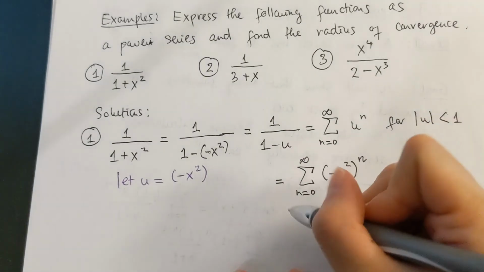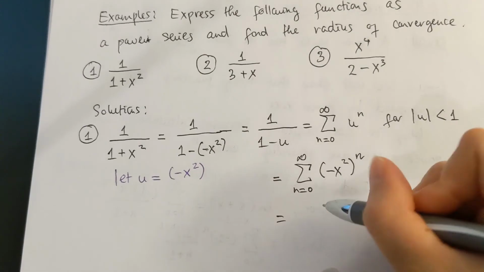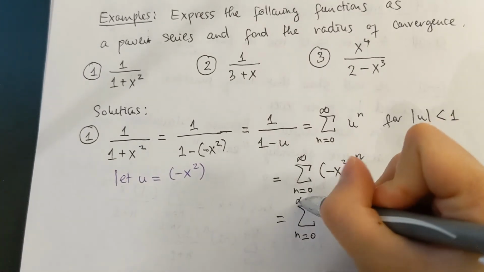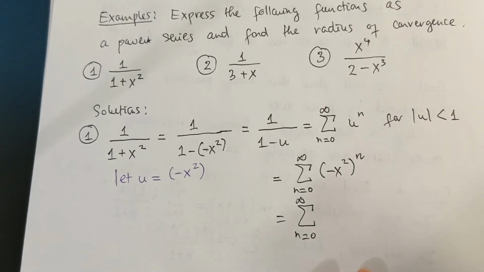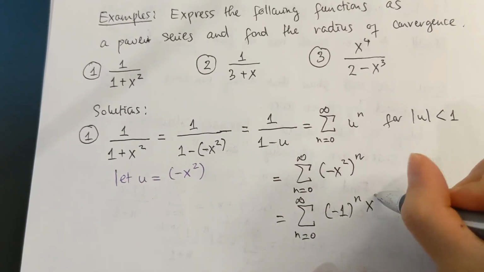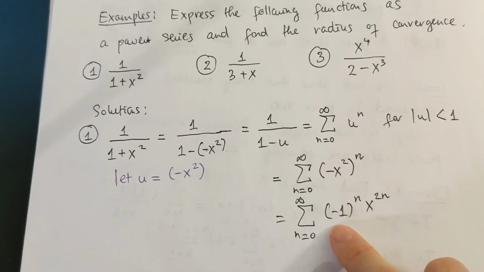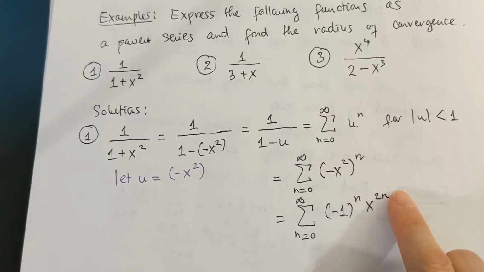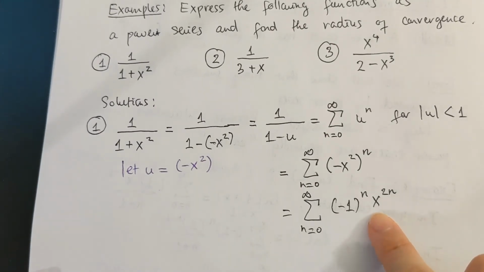Then I have to clean it up so that it's in the form of a power series. For a power series, I need to have an x part, or x minus something part, raised to some power, right? So I'm going to pull out a minus 1 to the n, and this becomes x to the 2n. So the coefficient here, Cn, is alternating between 1 and minus 1, and then you have a power series part. And this power series converges.